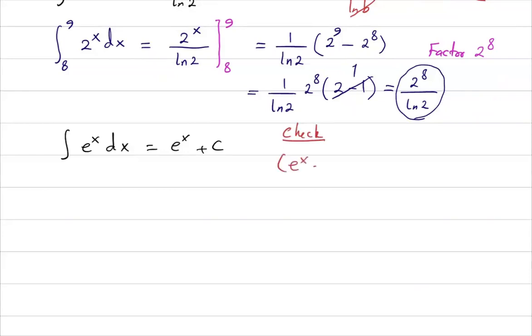The derivative of e to the x plus c is the derivative of e to the x plus the derivative of c. But the derivative of e to the x is e to the x, and the derivative of a constant is just 0. So you have indeed e to the x, which is the quantity inside your integral.